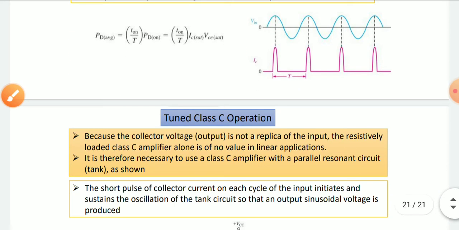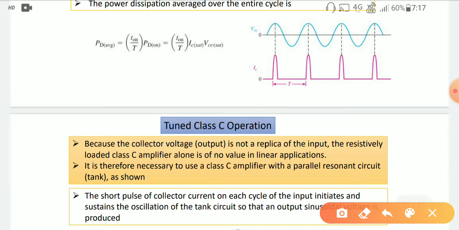So the resistively loaded Class C amplifier alone does not give the entire input signal as the output. Again, I repeat: because the collector voltage output is not a replica of the input, the resistively loaded Class C amplifier alone has no value in linear applications.